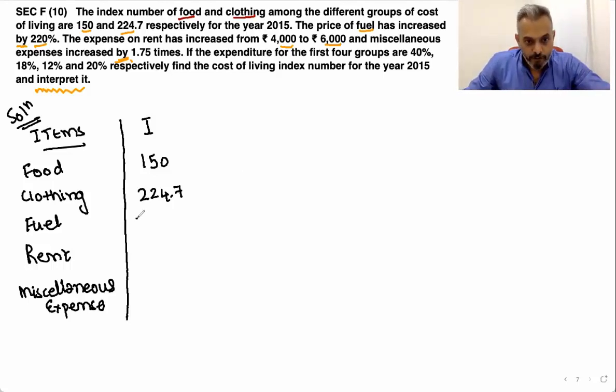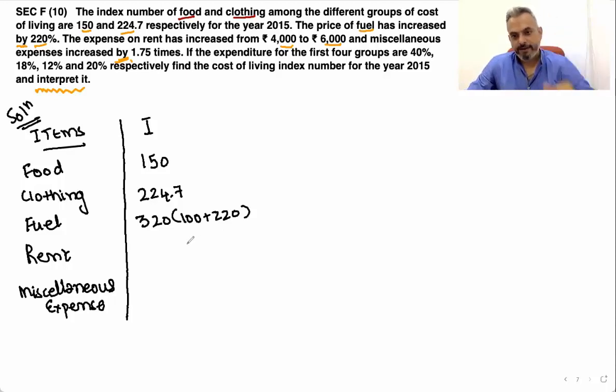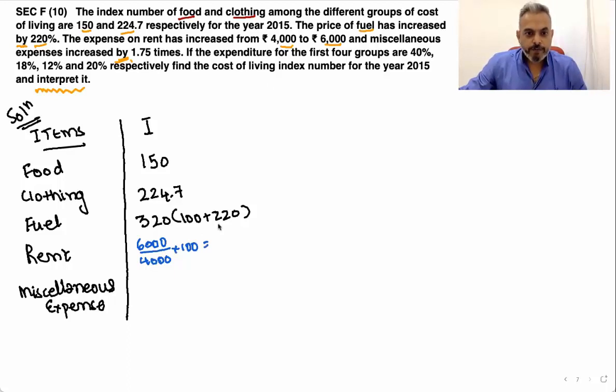So 320. How did it come? 100 plus 220. Write it like this so that you know. Then expense on rent has increased from 4,000 to 6,000. So let me change the color. Rent will be rent of current year upon rent of base year into 100, which is equal to 6 divided by 4 into 100, which is 150.